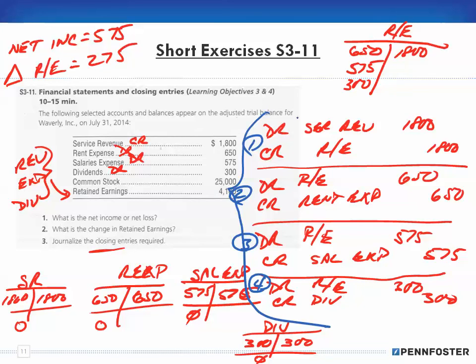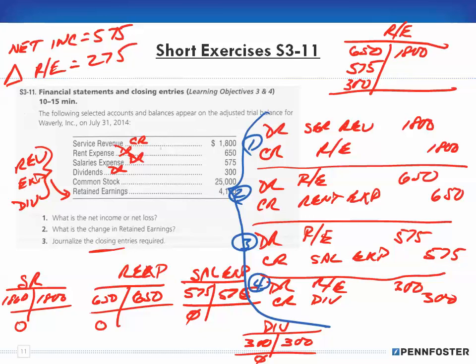Okay, and notice now the balance in the retained earnings account, the change is what? I have a debit of 650 plus 575 plus 300. So I have 1575 on the debit side.